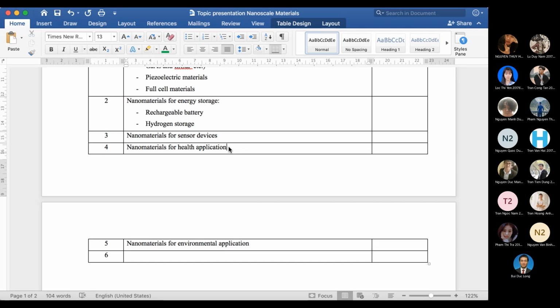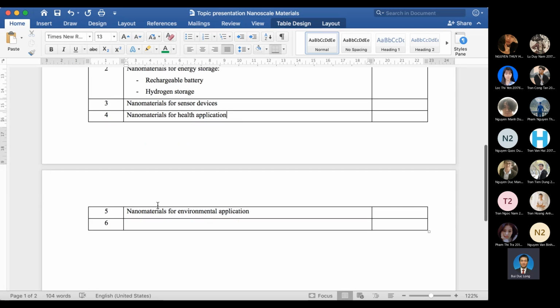And you can also use nanomaterial for environmental application. For example, I already gave you an example of cleaning the Tolik River by Japanese experts. They use nanoparticle catalyst for cleaning the environment.